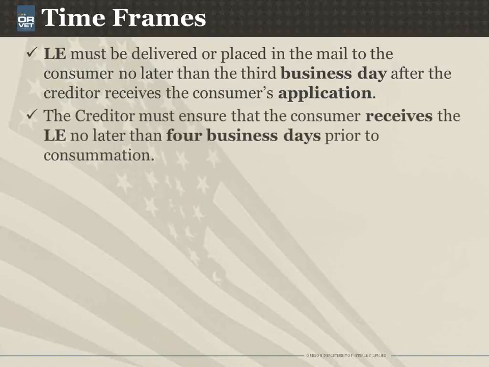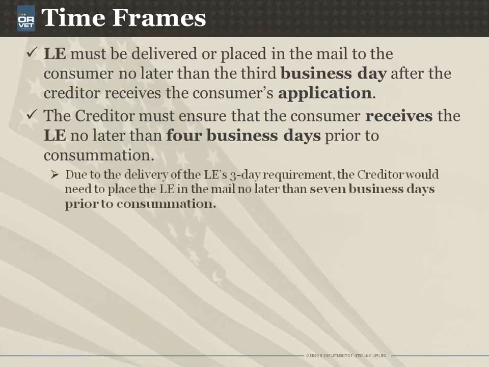The second thing that's important here is that the creditor, which is us, must ensure that the consumer receives the LE no later than 4 business days prior to consummation. So the consumer must have that LE in their hands at least 4 days before they can close on the loan.